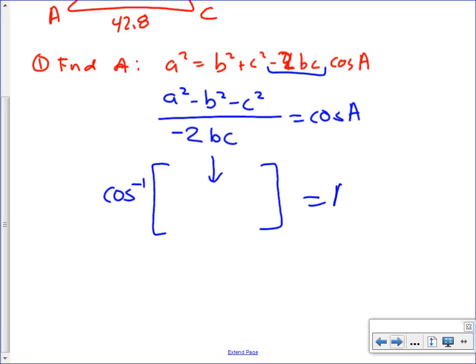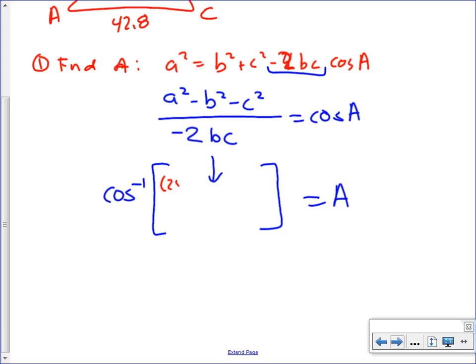To find A. Okay. So, here we go. Now that we adjusted the formula to find what we need, just plug in the numbers. So it's going to be the inverse cosine of A squared. A is 25.4.